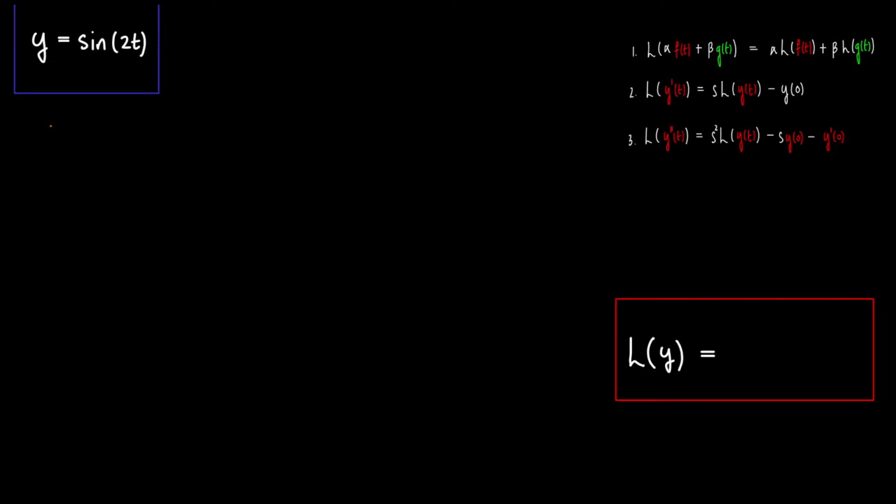If y is equal to sine 2t, then the derivative is just equal to 2 cos 2t, and the second derivative is equal to negative 4 sine 2t.